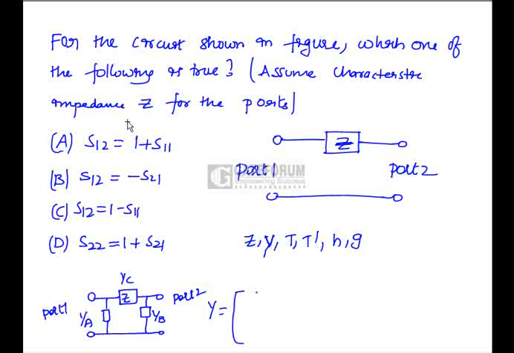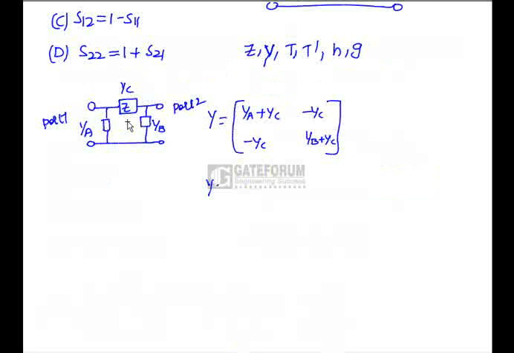Now if you find Y parameters for this type of network, it is YA plus YC, minus YC, minus YC and YB plus YC. You can note this down as a shortcut formula for Y parameters. Now for this two-port network, what are the Y parameters? 1 by Z, minus 1 by Z, minus 1 by Z and 1 by Z.